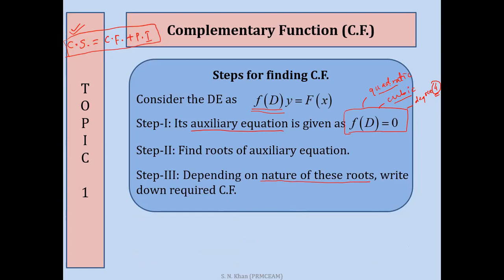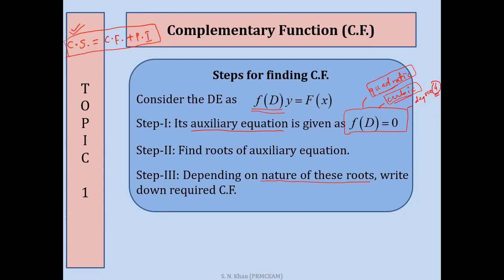The nature of the roots means, as I told you, if you have a quadratic equation, we will get two roots, and these roots can be real or imaginary also. Similarly, if you have a cubic equation, then we will get three roots. Again, these can be real or can contain an imaginary root also. We can have some repeated values also.